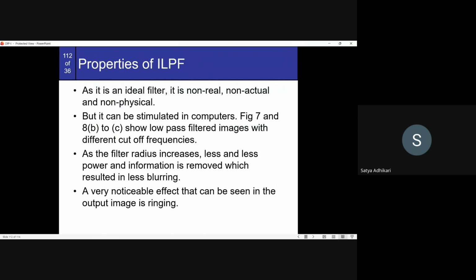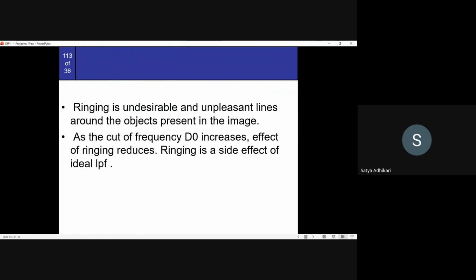A very noticeable effect that can be seen in the output image is ringing. What is ringing? Ringing is undesirable and unpleasant lines around the objects present in the image. Sometimes you will get this ringing noise, which is unwanted lines. As the cutoff frequency D0 increases, the effect of ringing reduces.